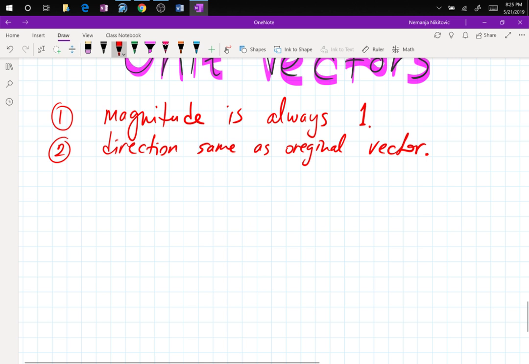Formula, u with a hat. That's the notation for unit vector. You take your vector u and you divide by magnitude. You're technically dividing a vector by its magnitude, so you're just taking away all of the quantity that it has, scaling it down to 1. And we are not messing with the direction at all.